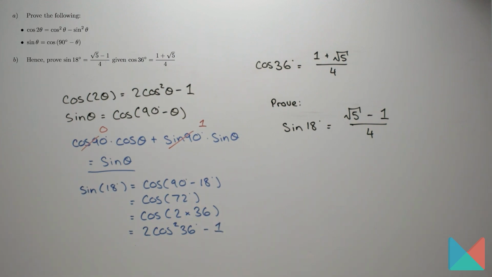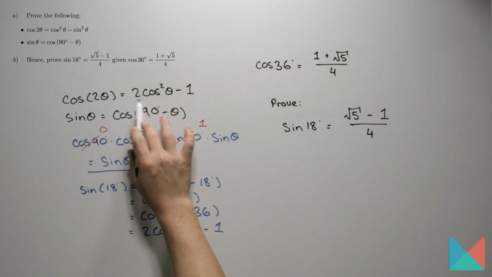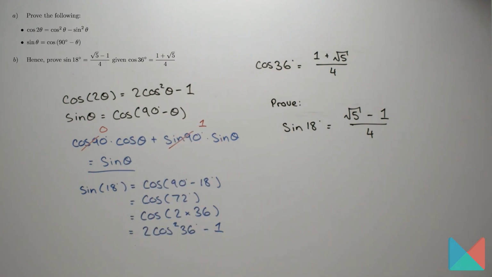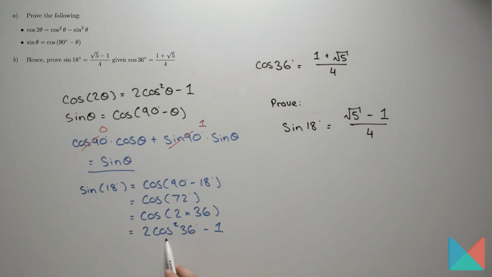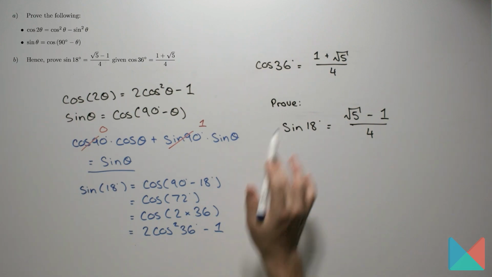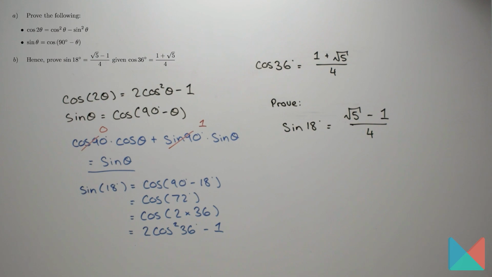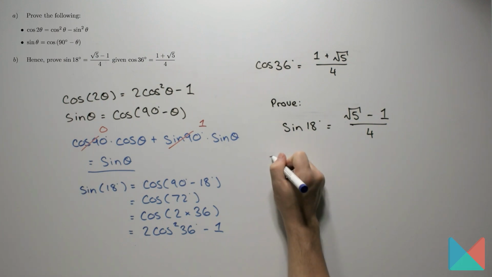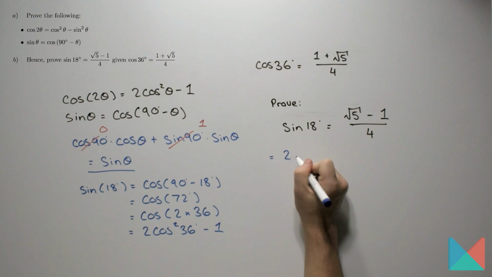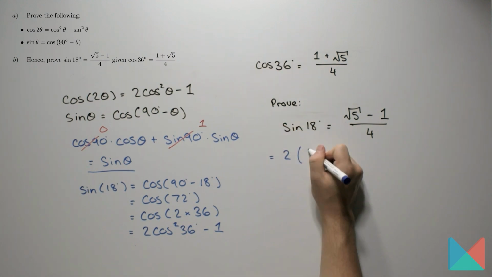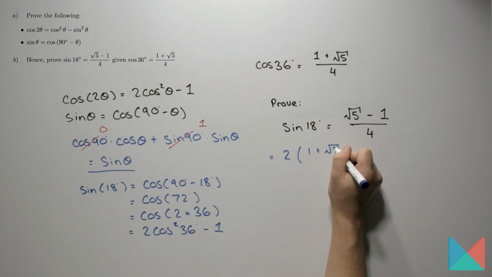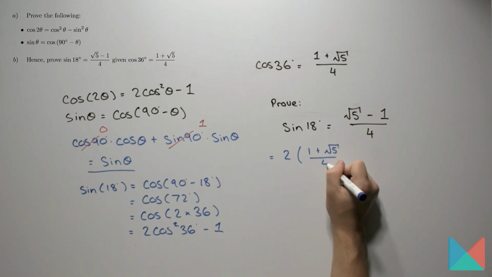And so now we've made some more progress where we have expanded our cos of 72 degrees using our identity here. And I hope you can notice that our final piece of information can be subbed into this equation where we have cos of 36, and we can replace this with the exact value that we're given. And so we will get 2 times cos of 36, which is 1 plus the square root of 5 divided by 4.